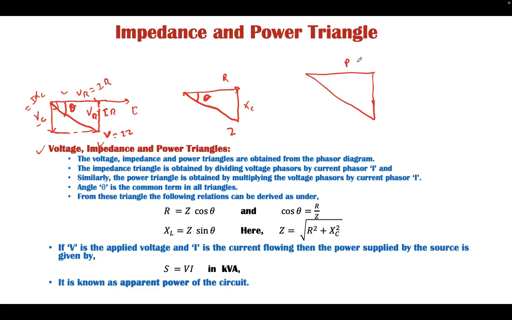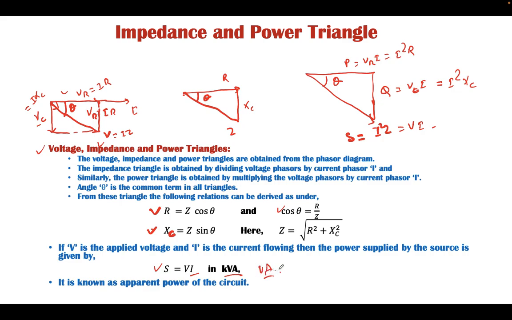This is P, equal to VR into I, where VR is I into R, which equals I square R. This is Q. Q is equal to VC into I, which equals I square into XC, and this is S, equal to I square Z, or simply V into I. This angle is theta, and cos theta is R by Z. S is equal to V into I. The unit is VA or kVA, depending upon the magnitude of the quantity.